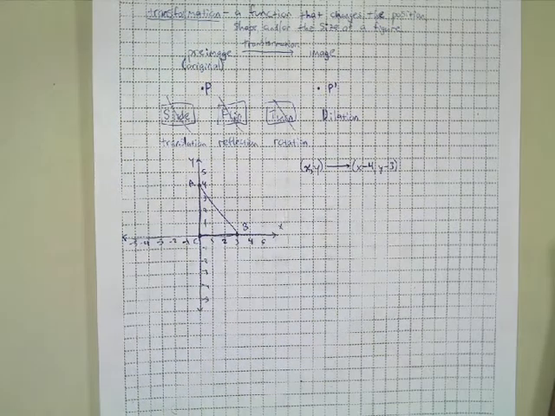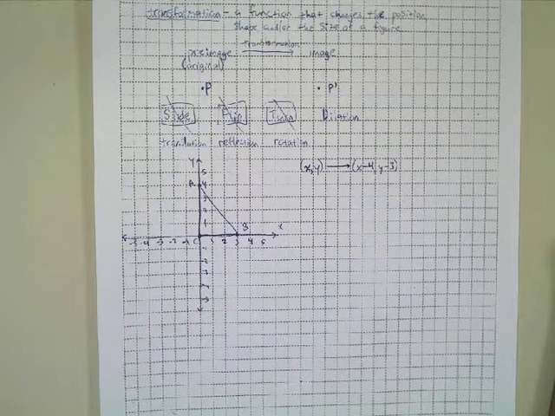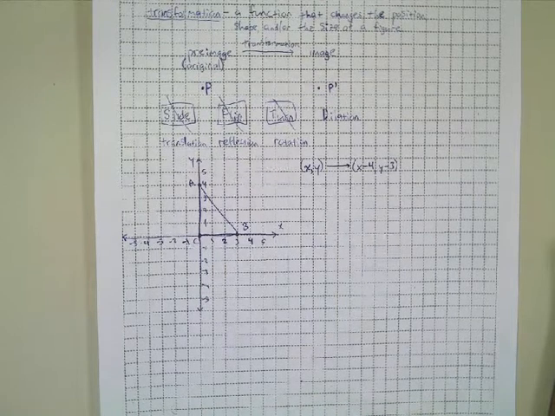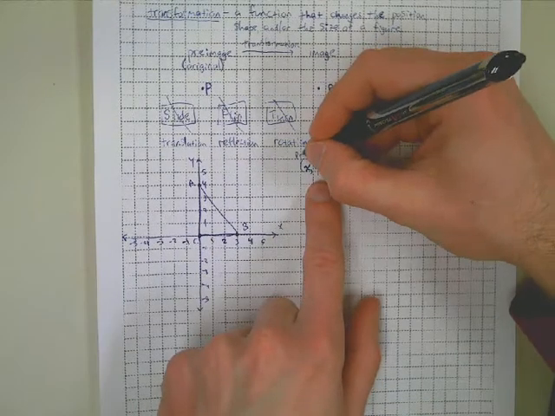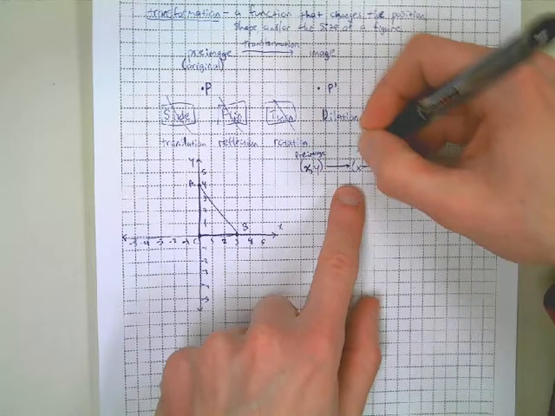Okay, so x minus 4, y minus 3. So these are like our pre-image coordinates, and then these will end up being our image.